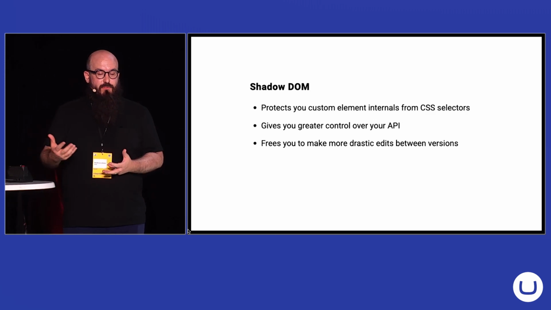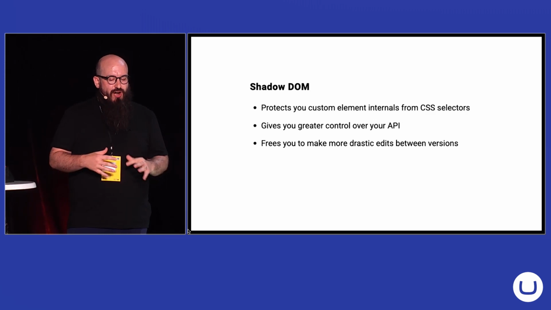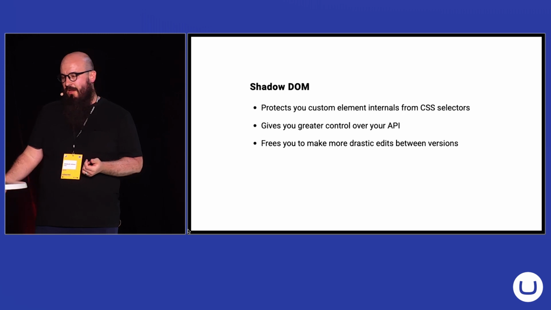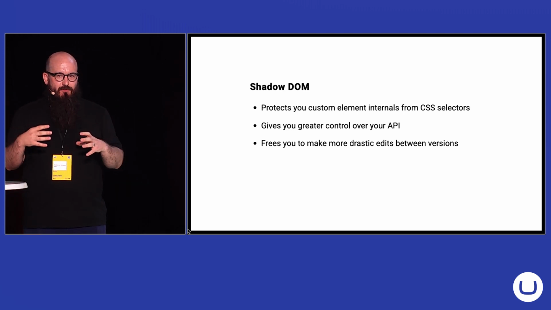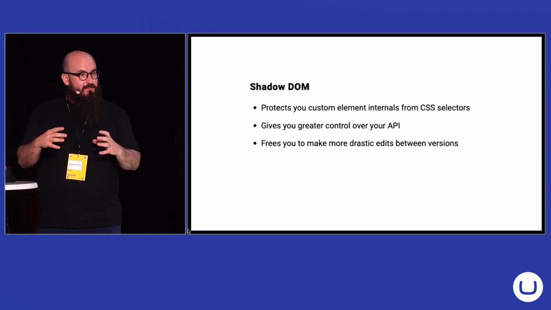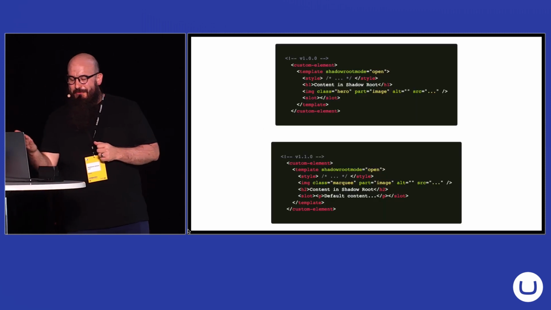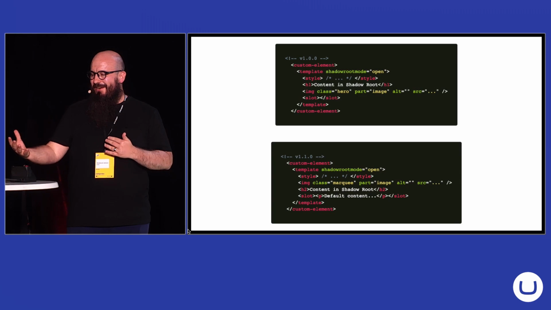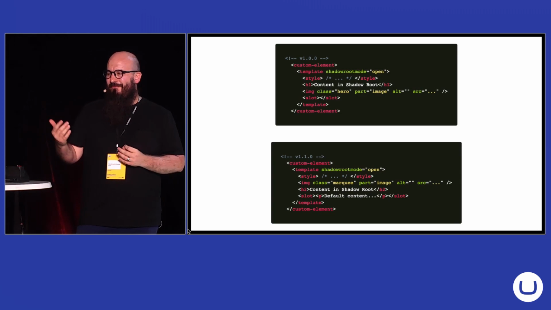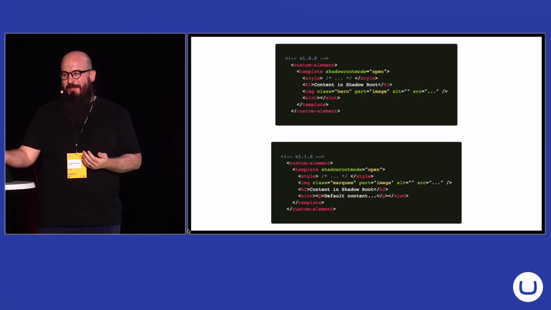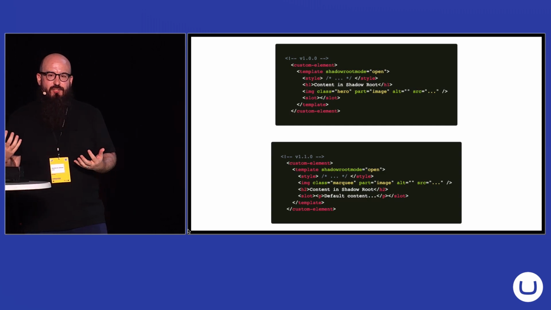On top of that, you're also freed to make more drastic edits between versions, because what's inside of the Shadow DOM stays inside of the Shadow DOM. And that means in our imaginary, our demonstrative v1.0.0 custom element here on the top, we have again our h1.